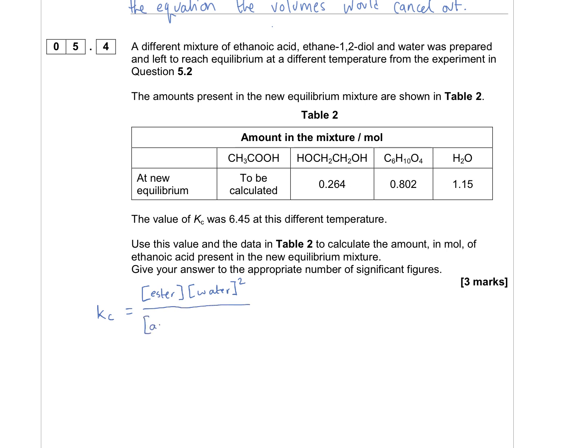So if we quickly jot down that expression for the equilibrium again, this time I've cheated and put ester and water and acid rather than writing out the molecular formulae. And then if we rearrange it so that we get the acid, so we want to put the acid at the start.